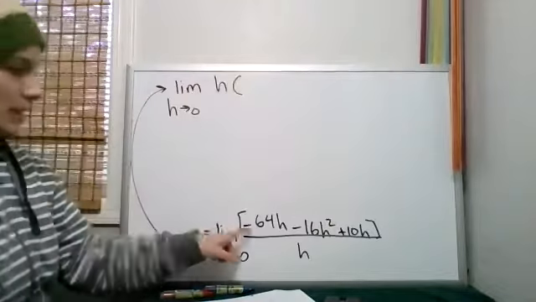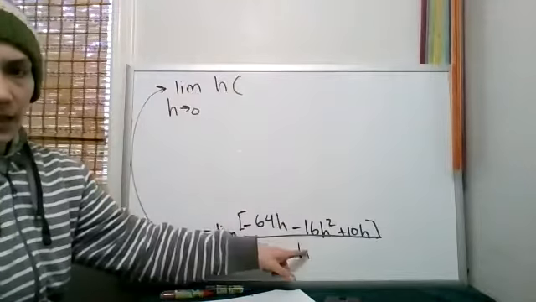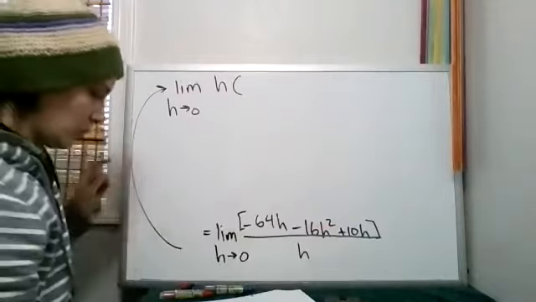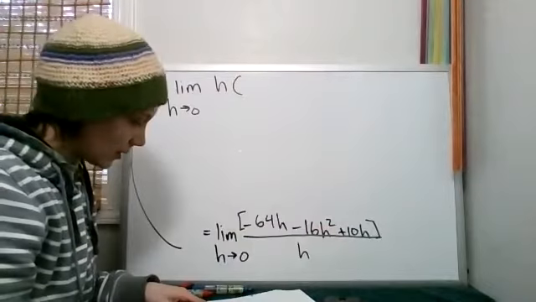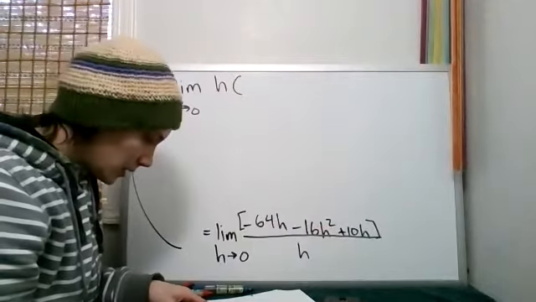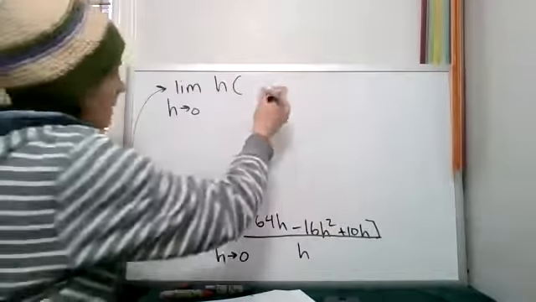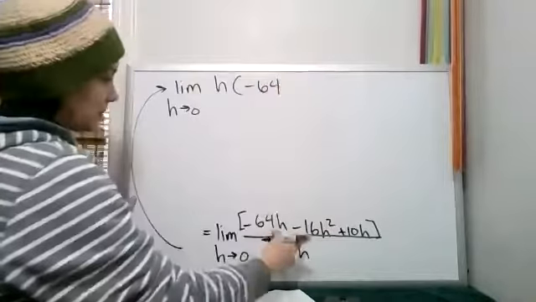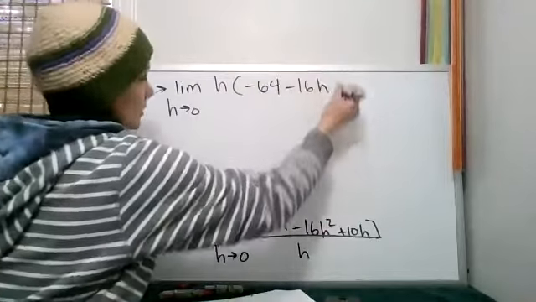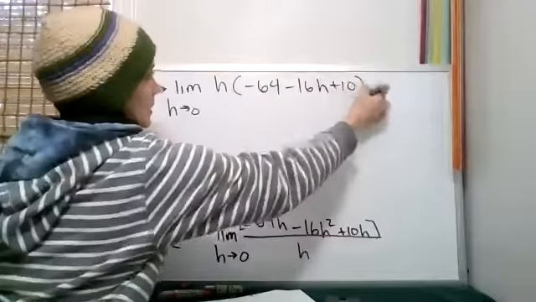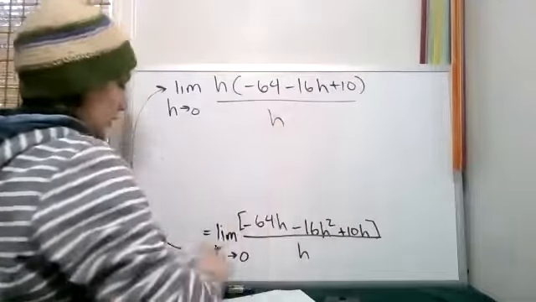H times negative 64 minus 16h plus 10. Those h's go together then. That's fine. I just put negative 64 minus 16h and 10 over h.